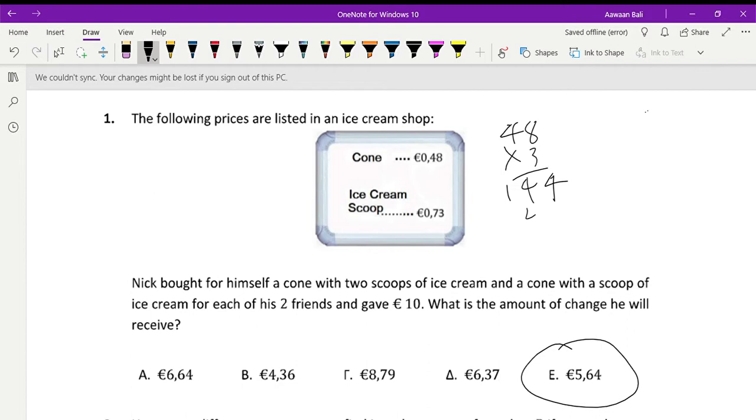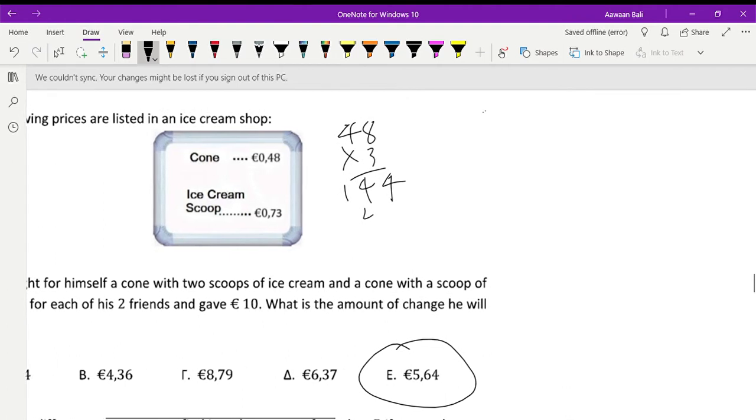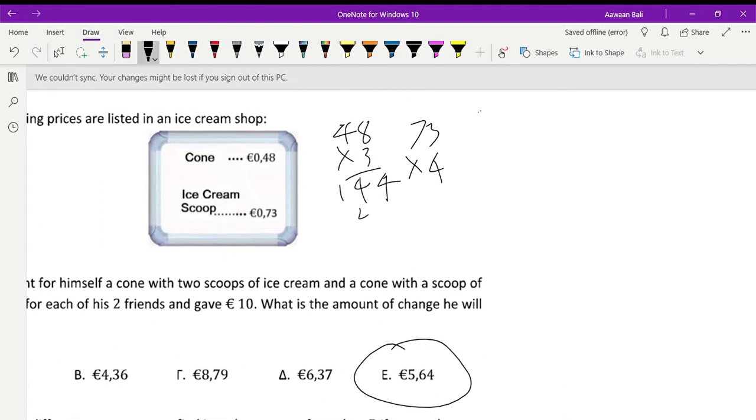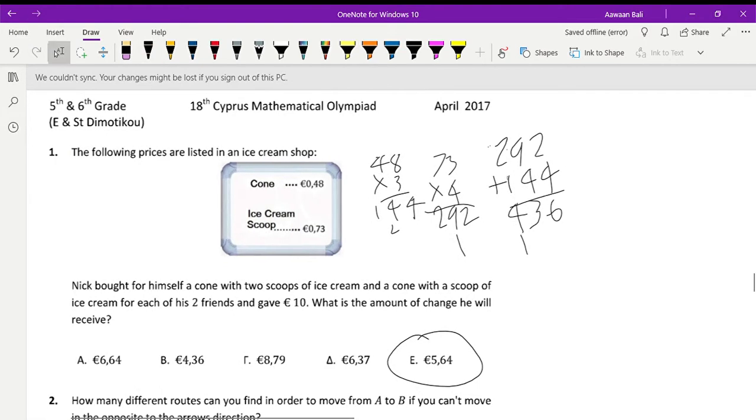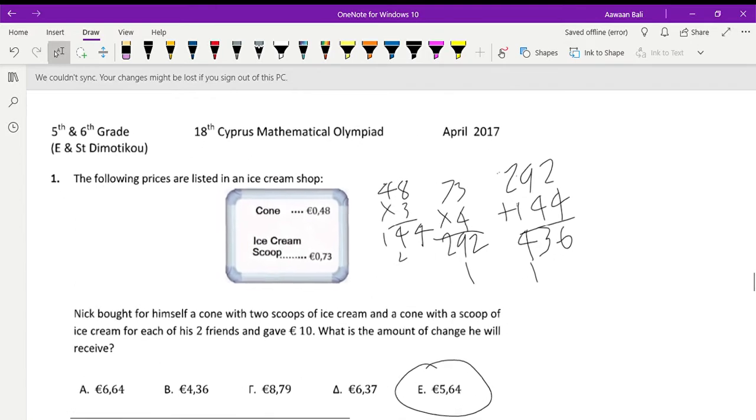So basically that's 4 in total. So an ice cream scoop is 73 cents. So 73 times 4 is 292. We add the 2 prices together to get €4.36. So that's how much Nick pays in total.